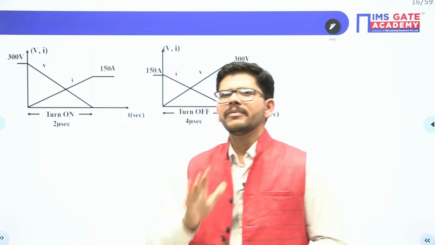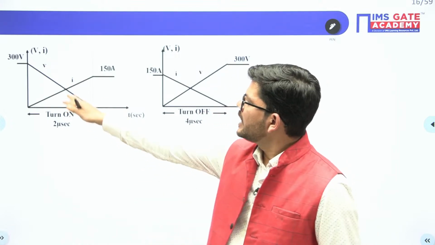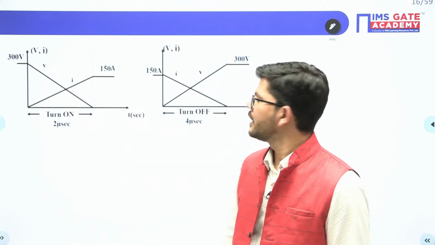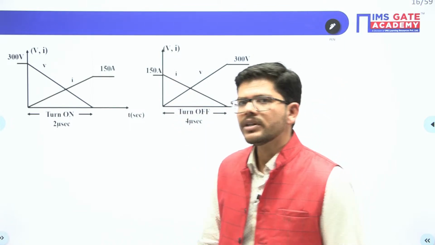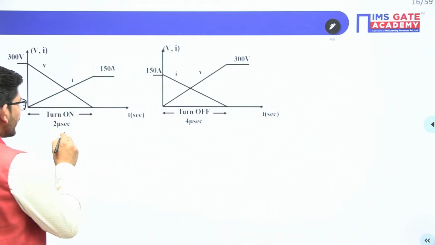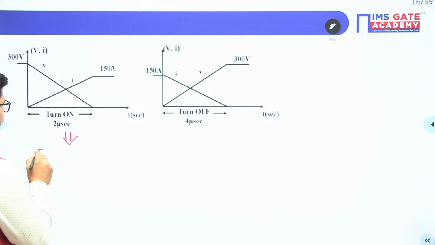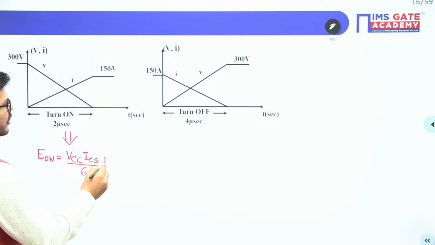So guys, we have a trick here. If you see that voltage and current both are varying here, similarly the voltage and current both are varying here, the E loss you can calculate by using this particular formula. So energy lost during on state will be equal to VCC ICS upon 6 into T on. What is VCC?